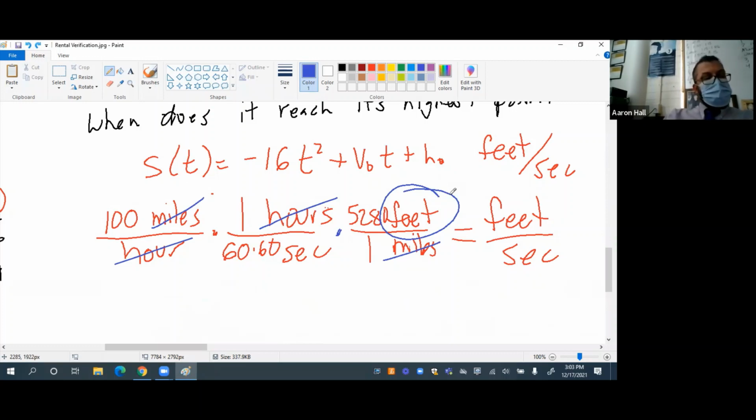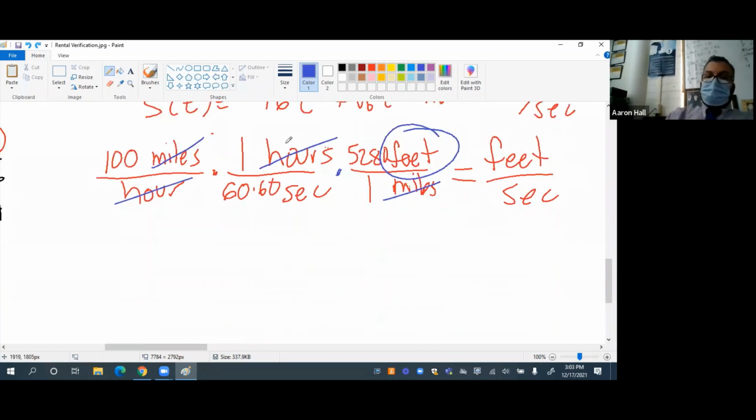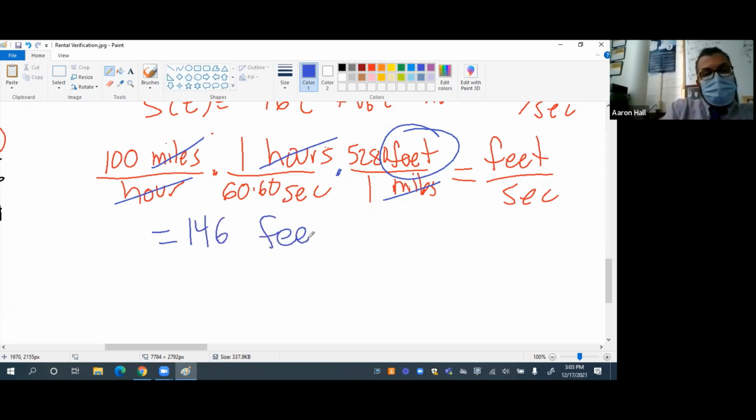How fast does a professional baseball player pitch a ball in feet per second? Okay, 146 feet per second.